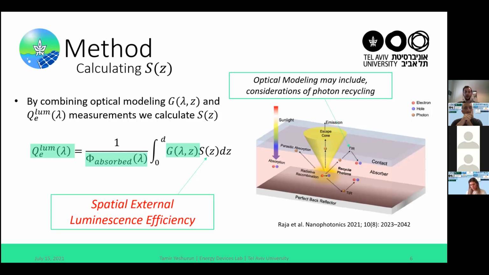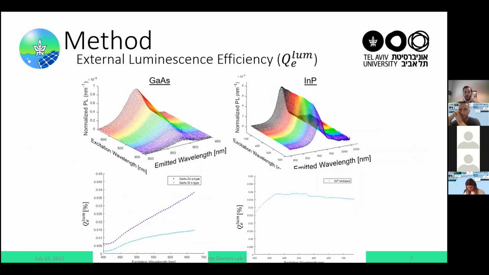And so this optical modeling can sometimes be simple, sometimes complicated. Each photon in the device can be redirected from every surface, can be reabsorbed, or it can just leave the device, but in a simple case. So here are a few samples of measurements that we did on gallium arsenide wafers and indium phosphide.